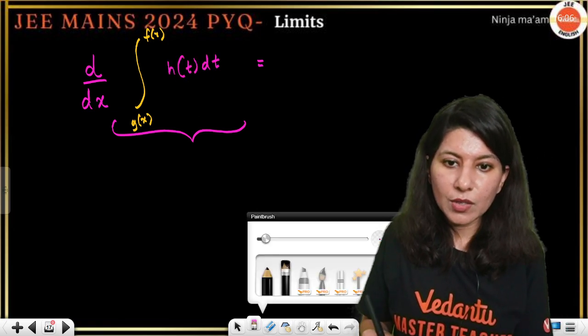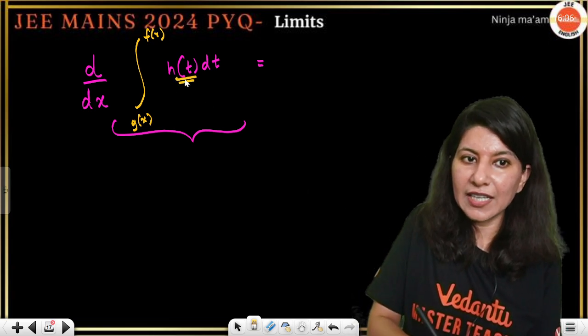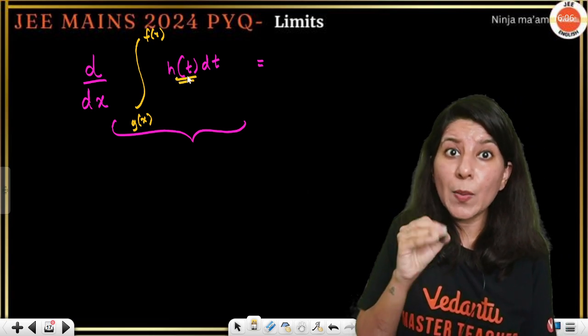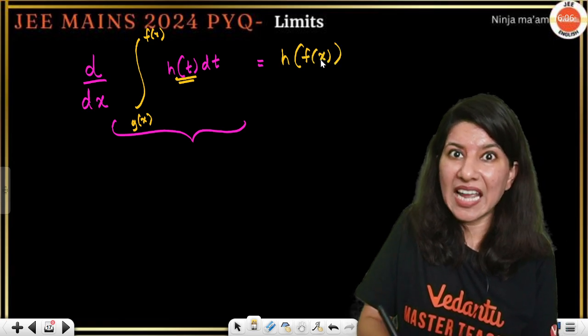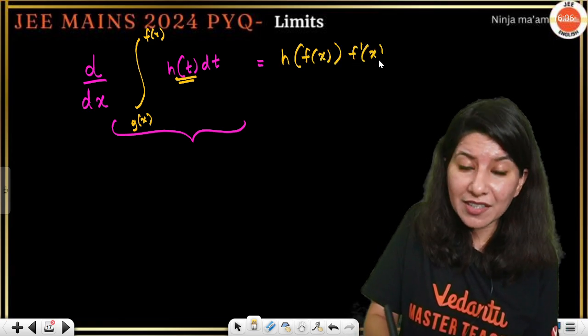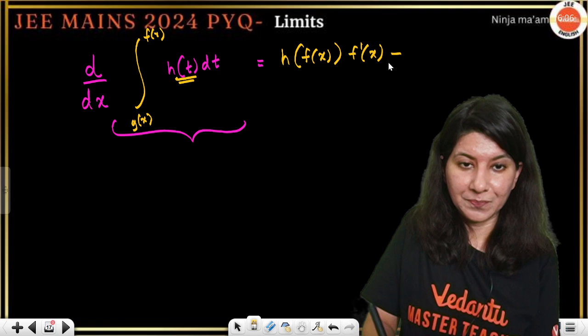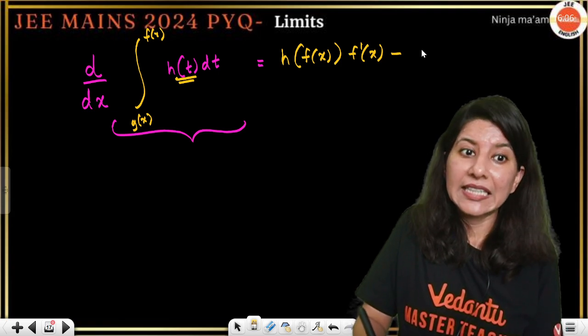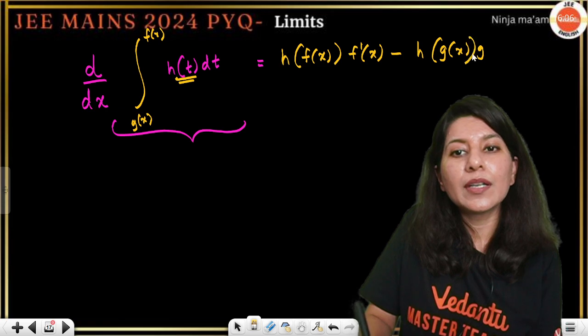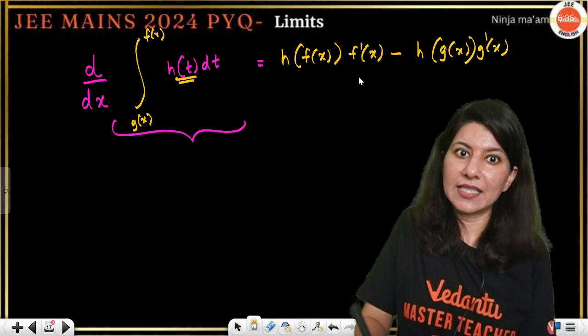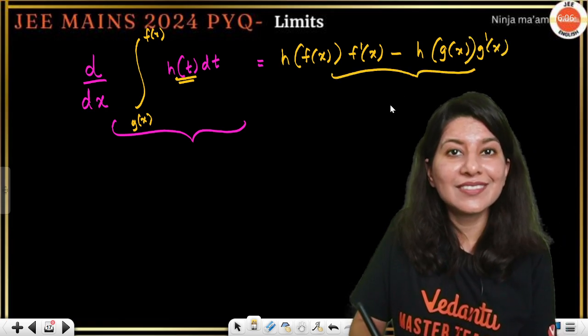Now, what will you do is, this is your h of t, right? t will be replaced by the upper limit first of all. So h of f of x, the upper limit, and now the upper limit will be differentiated. Minus, t will be replaced by the lower limit, and the lower limit is differentiated. That's it. So you are done, right?